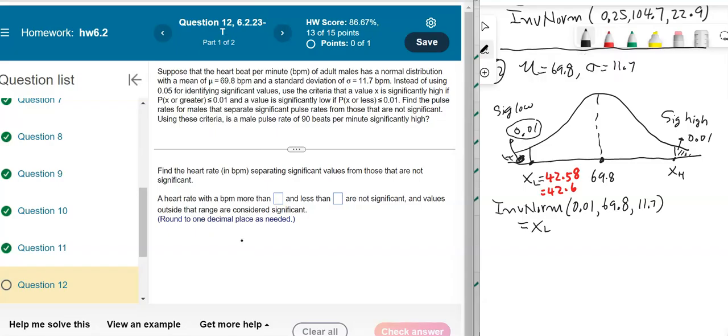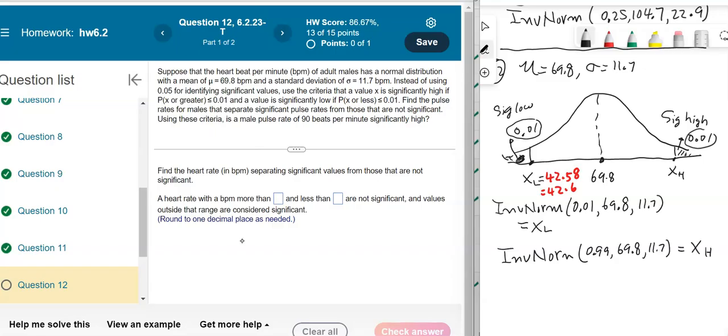So you get X low. Now the same thing with inverse norm for the other side. Because this area is 0.01, the other side is 0.99. Then 69.8, 11.7. That will give you X high.